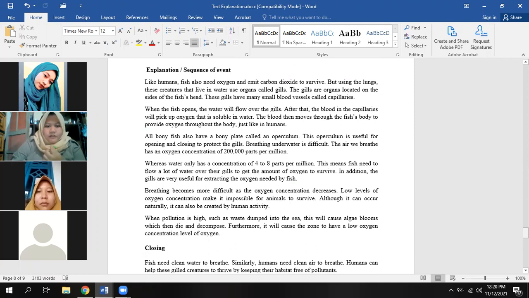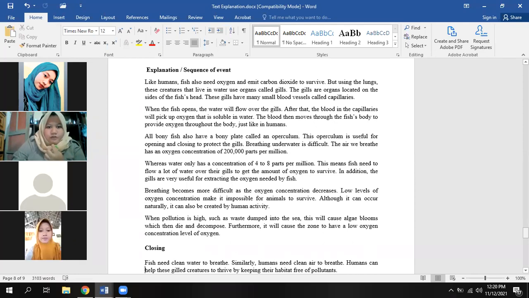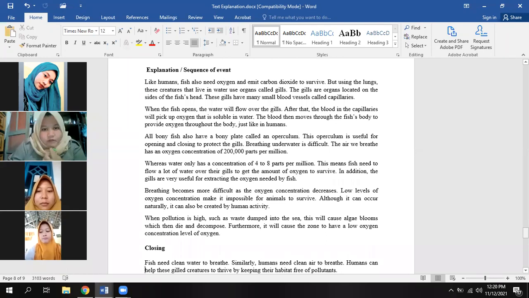First, like humans, fish also need oxygen and emit carbon dioxide to survive. But instead of using lungs, these creatures that live in water use organs called gills. The gills are organs located on the side of the fish's head. These gills have many small blood vessels called capillaries.